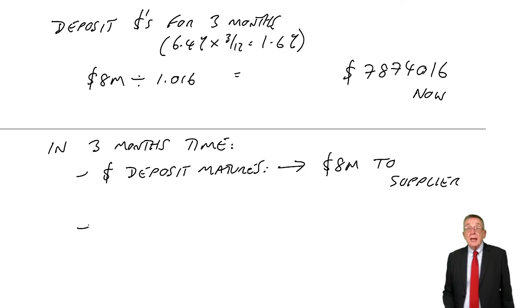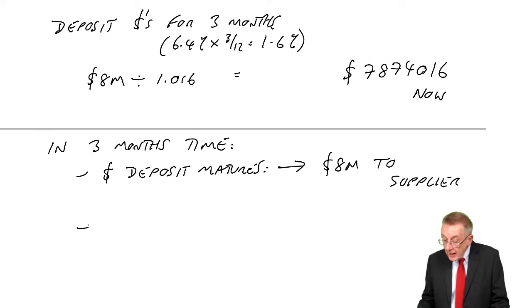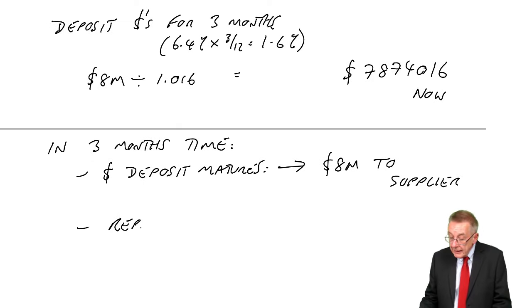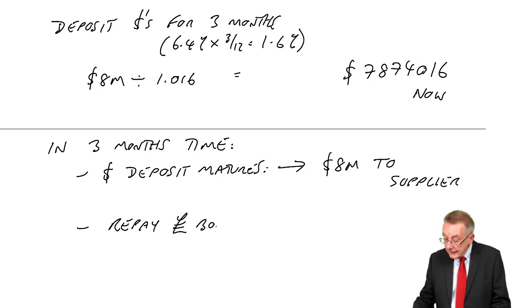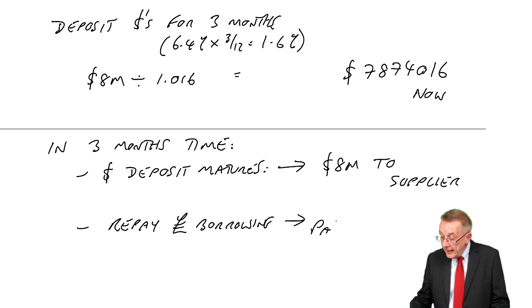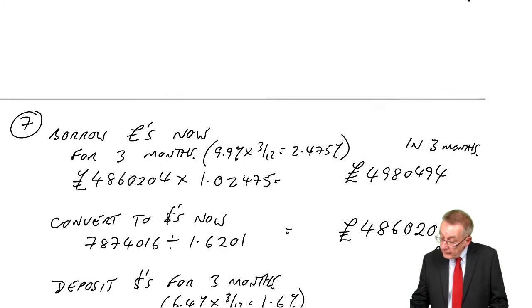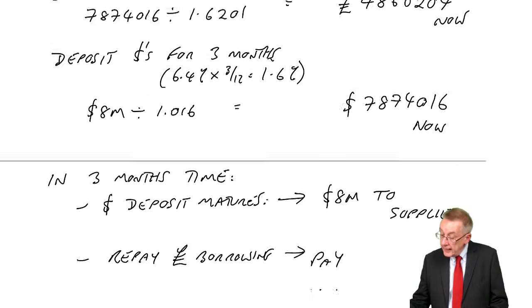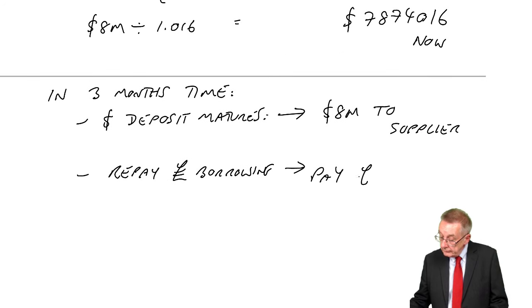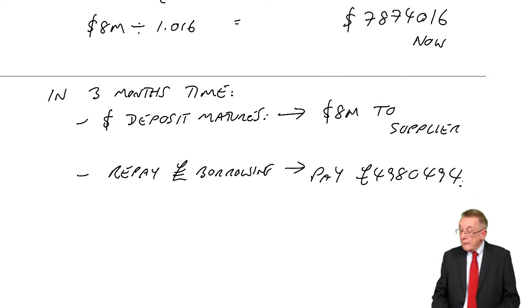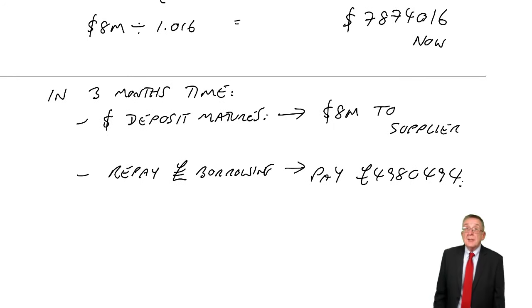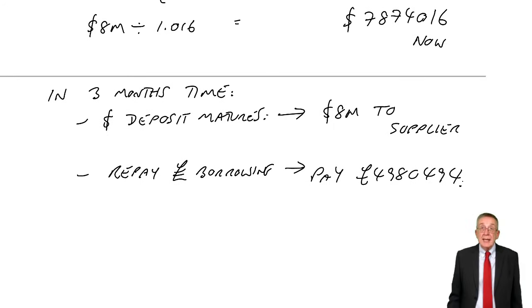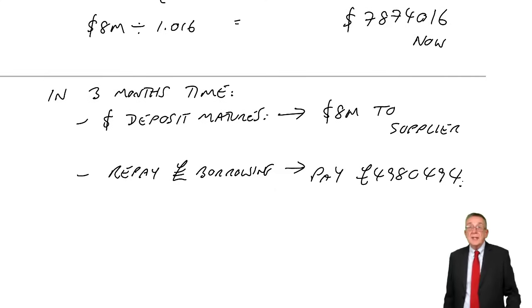The other thing that happens in 3 months' time is I need to repay the pound borrowing. And so how much do we pay? 498.0494. And so there's the cash flow. In 3 months' time, I pay 4.9 million. The customer receives 8 million.